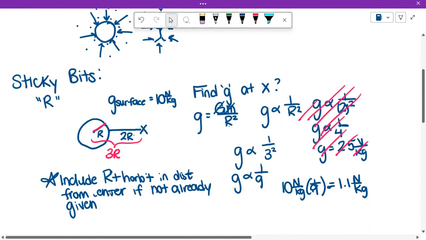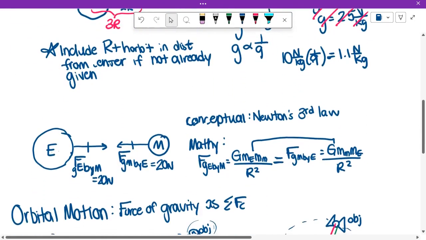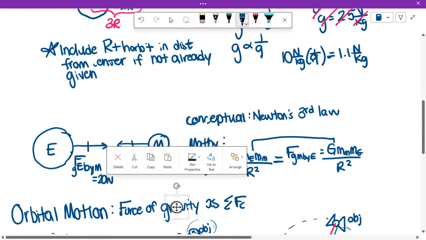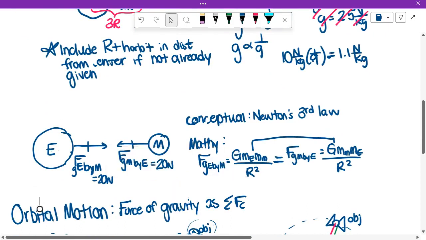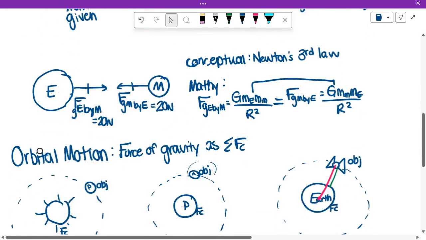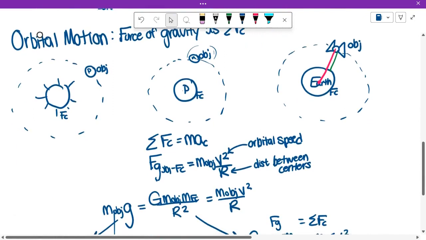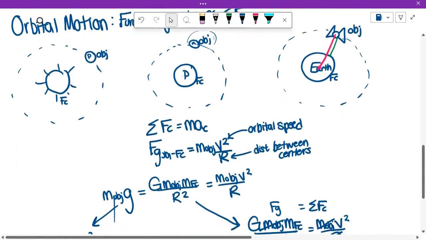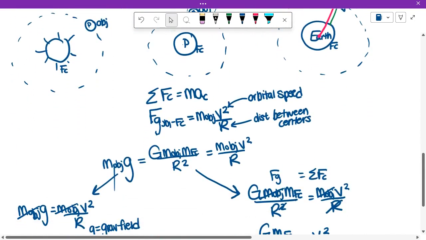Our sticky bits: make sure that that R is really your distance from center, and make sure we're paying attention to some tricky third law questions and not falling into traps that are set up for us. And then we talked about how gravity can be our centripetal force. We can use either force of gravity as our centripetal force, depending upon what information we have or what information we need.